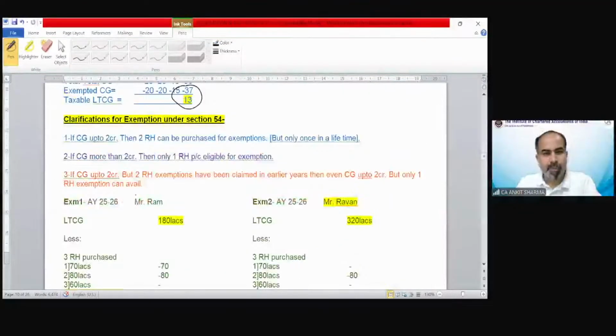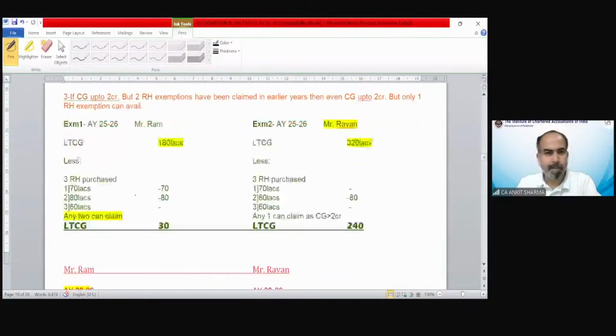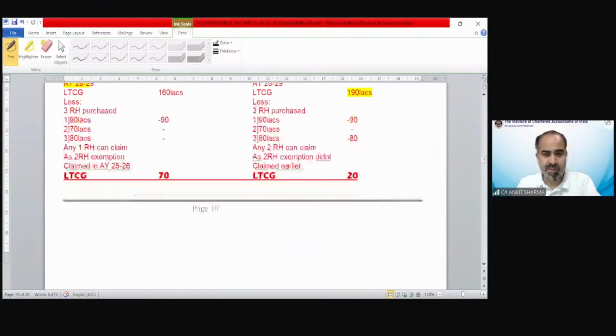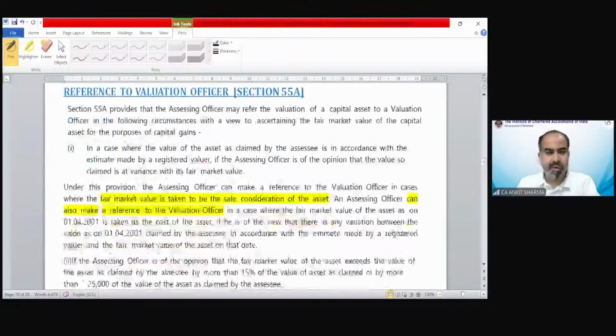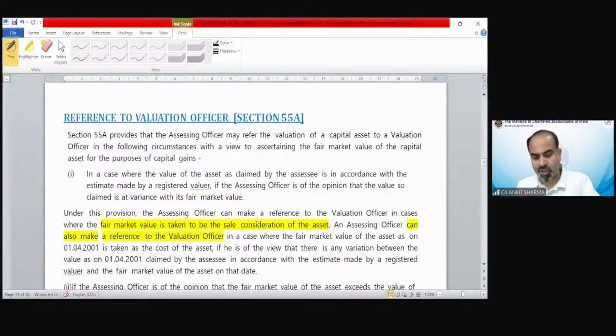These examples you must have tried, I believe. Now, reference to valuation officer, section 55A says that the assessing officer may refer the valuation of a capital asset to a valuation officer in the following circumstances.